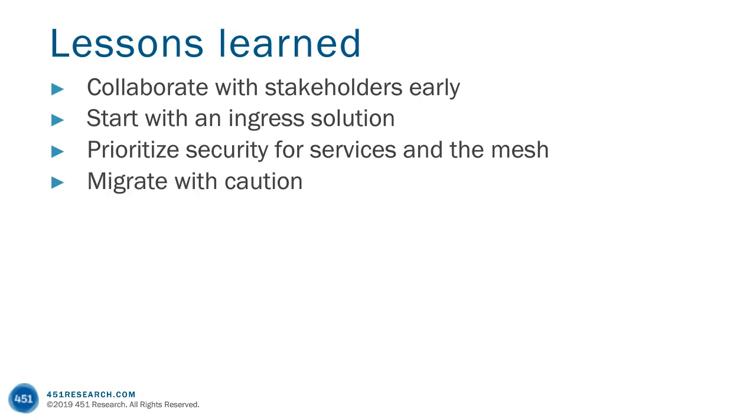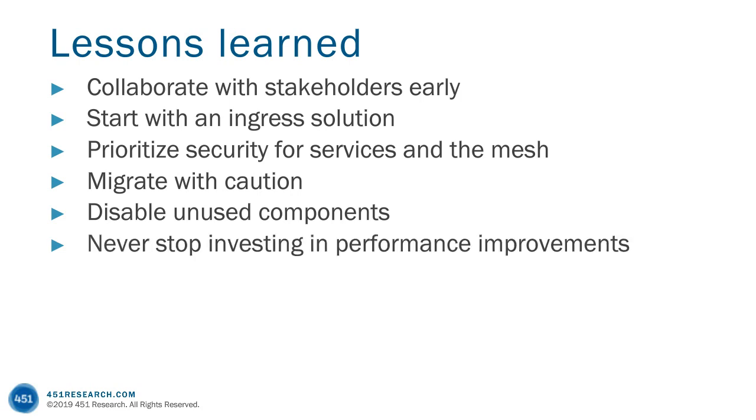Service mesh involves a big change in how services communicate, so planning needs to be done around the migration. Features can cause problems during implementation, even if they're not active, so just use the simplest set of tools that can address what you're trying to solve. Never stop investing in performance improvements. Main downsides of service mesh are latency and resource consumption, and chatty connections and so on.